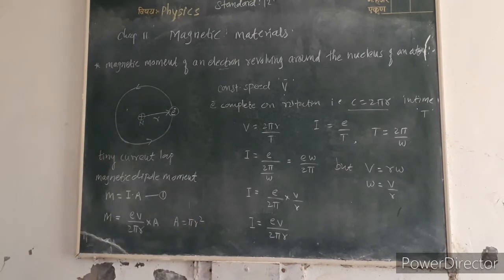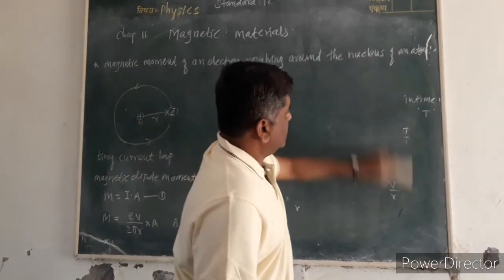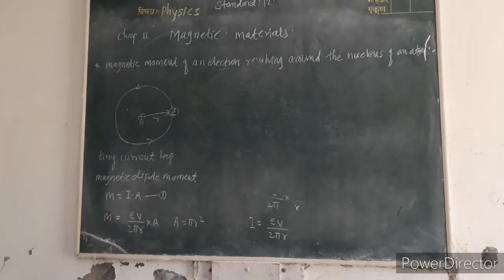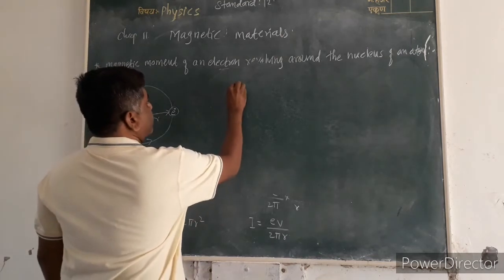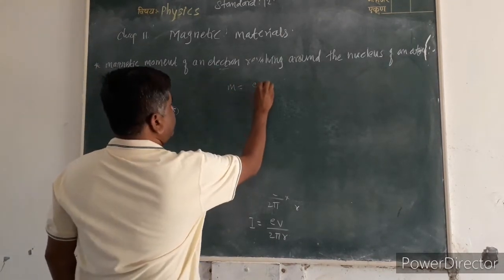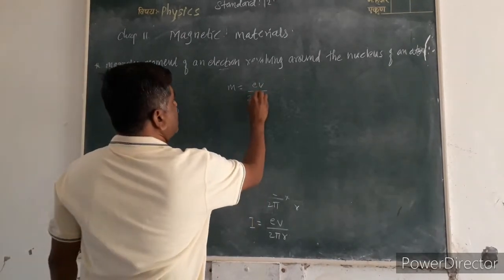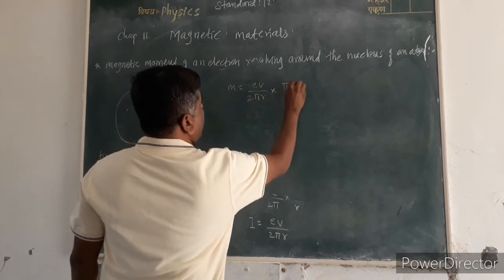Then we can write the magnetic dipole moment M is equal to ev upon 2 pi r into pi r square.